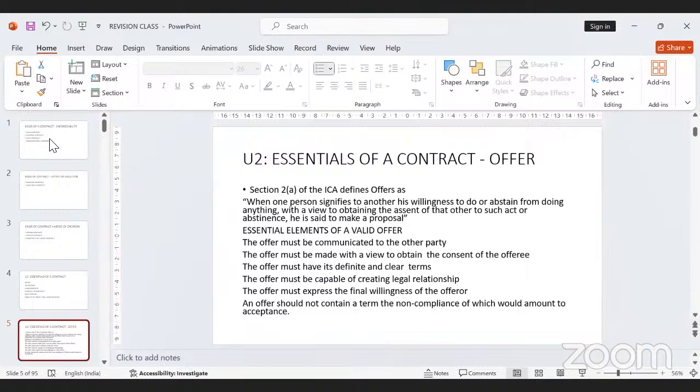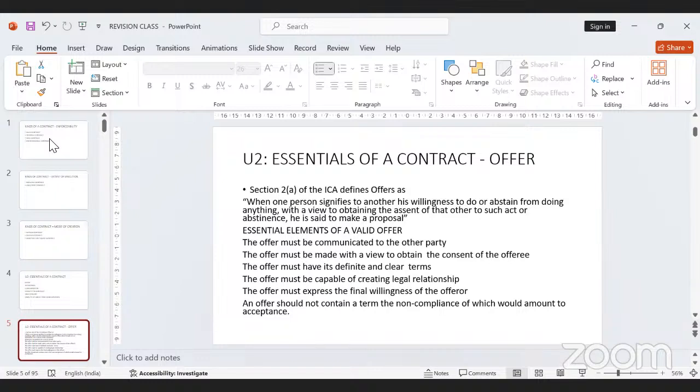It becomes an offer only when it is communicated to B. It must be communicated to the concerned person. So I have that idea in my mind, I tell 10 other people, I tell 20 other people. No, it will be considered as an offer only when it is communicated to the concerned person, right?